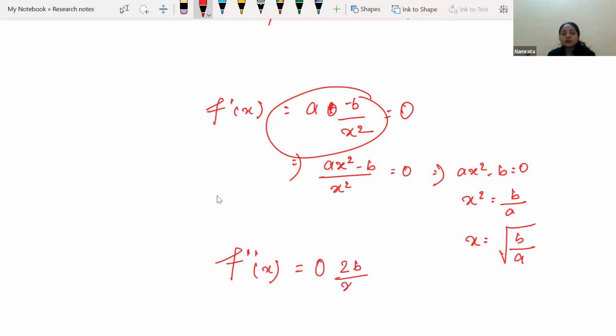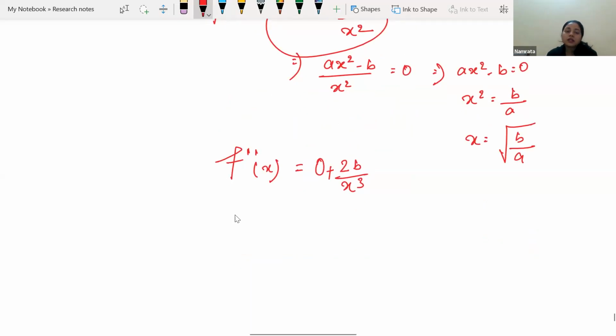Minus minus will become plus, right? Now the second derivative is f double dash x equals 2b by x cube.